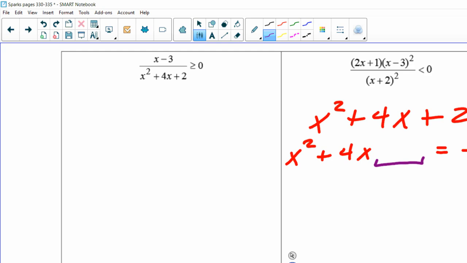Half it and square it. So, if you add 4 to one side of an equation, you add it to the other. If you have put the correct number in, which you have, then this will factor into something times itself.